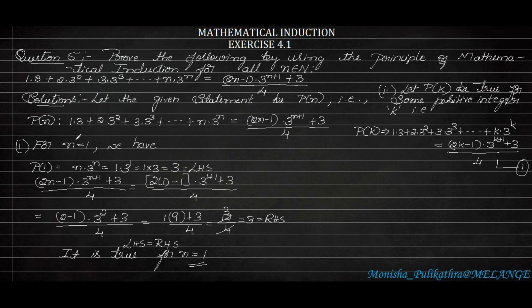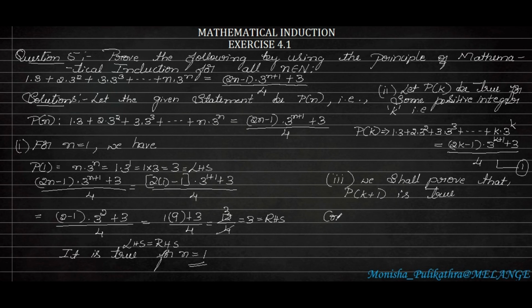So the first step is over. The first step is to substitute n is equal to 1. The second step is to substitute k in the place where n is there, so p of k. Next, in the third step, we shall prove that p of k plus 1 is true.